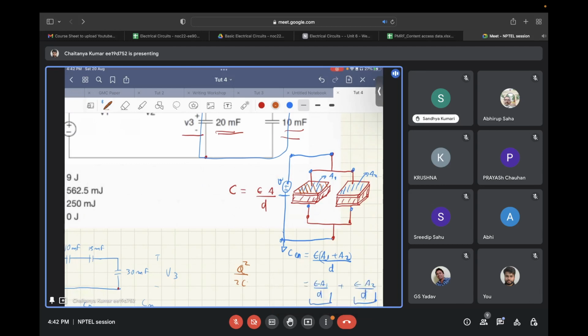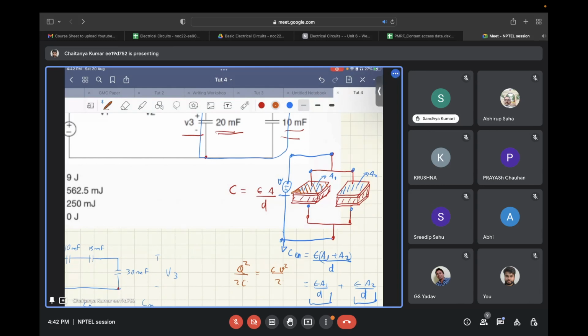In charge form, the energy is Q square by 2C, or in voltage form, it's CV square by 2. So if you remove one portion of this capacitor and consider it as an individual capacitor, it will have a certain amount of charge that is proportional to whatever area it has. That is, again, proportional to whatever capacitance it has.